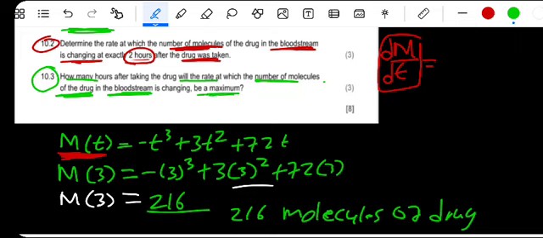Remember, I've said anytime you see the words maximum, minimum, nearest, largest, smallest, closest, that means you take the first derivative, then you equate it to 0. You understand? When you see those words, maximum, minimum, just take the first derivative and equate it to 0.